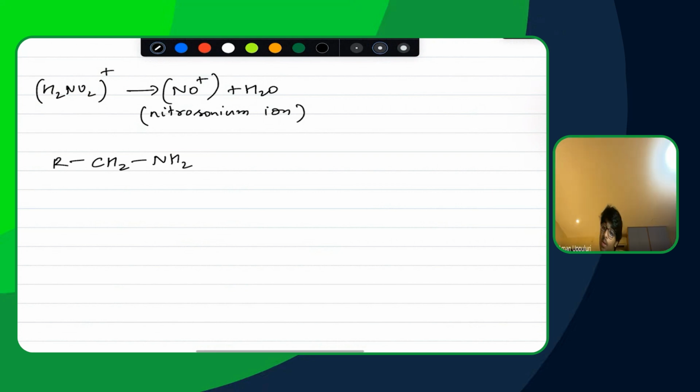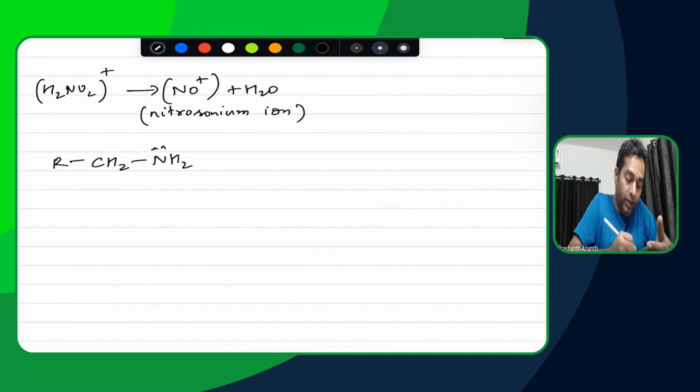Now this NO plus is going to react as an electrophile with the amine, which is the nucleophile. You can think of it as an acid base, nucleophilic addition elimination, however you want to do it, no problem. Ultimately, what is going to happen, very simply put, is an elimination.